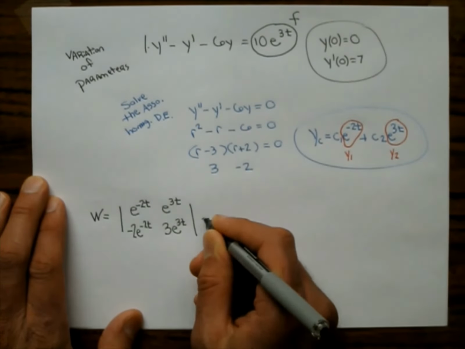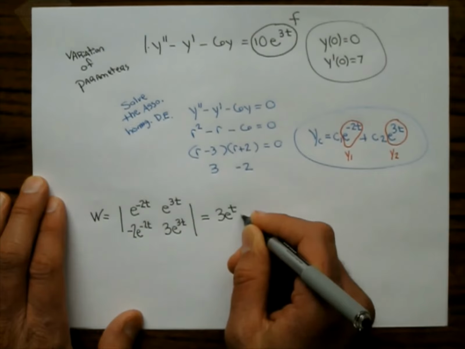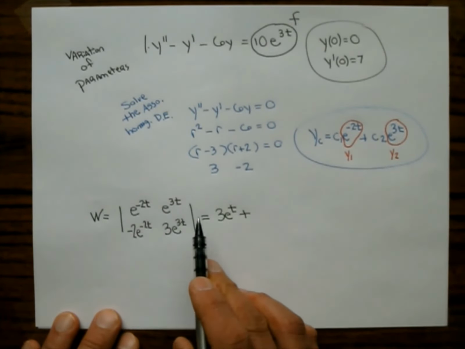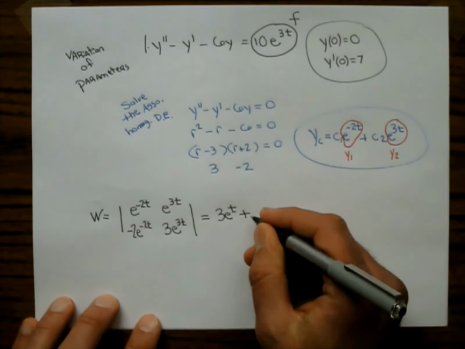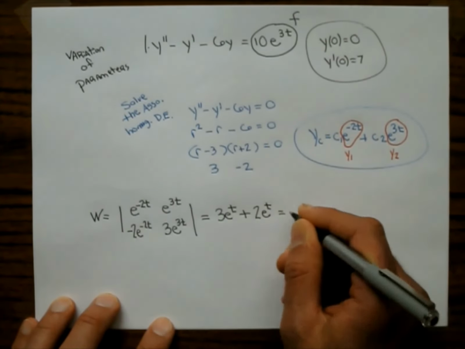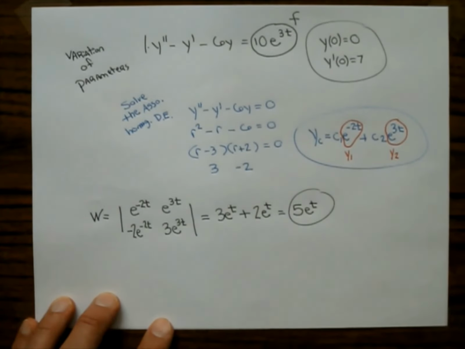AD minus BC is going to give me 3e to the t plus, okay, because we actually go AD minus BC, but BC is going to be a negative, so we get plus 2e to the t, which is 5e to the t. So there's the Wronskian.